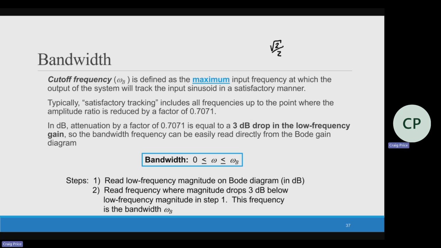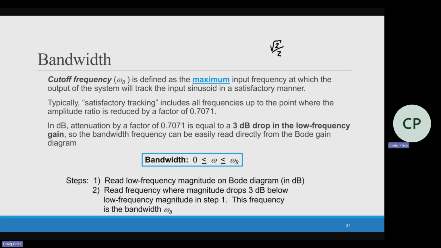A couple other things. Cutoff frequency is defined as the maximum input frequency at which the output will track satisfactorily. So this is, again, amplitude ratio of square root of 2 over 2. This is a 3 decibel drop. So you maybe heard 3 decibels. If I'm going from my starting point, we drop 3 decibels. That is called the bandwidth. I'll show you an example graph on the next slide.